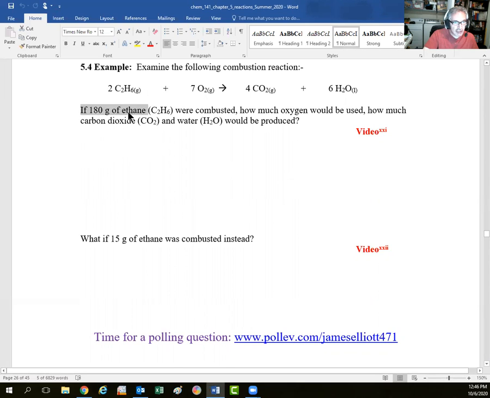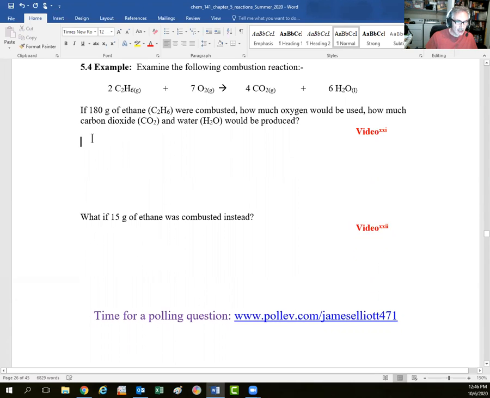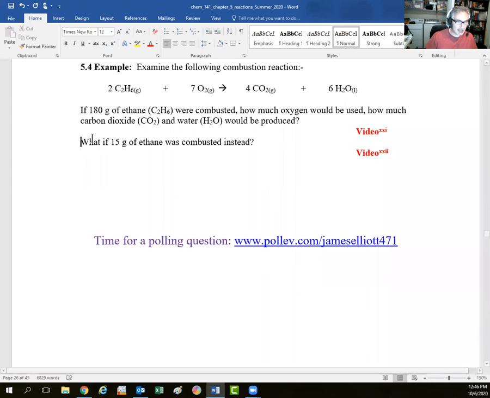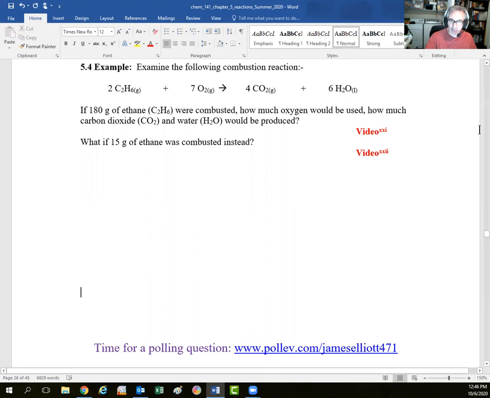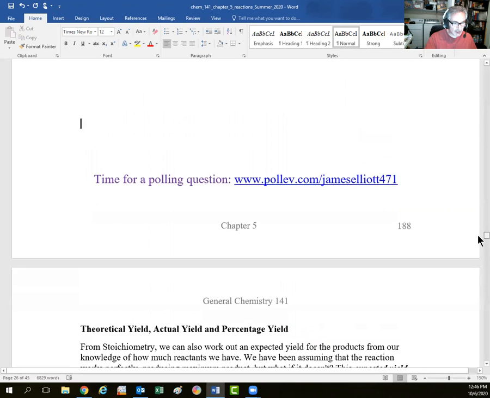So now using this same reaction, we're going to try this new amount of ethane, just 15 grams, and check out how much oxygen is used, how much carbon dioxide is produced, and how much water is produced. I'll just get some space for myself here before I start.